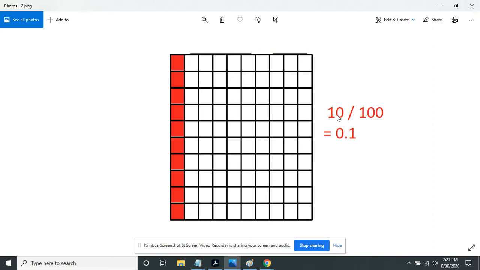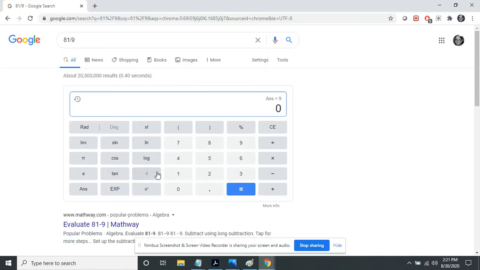So I shaded in 10 out of 100 squares, and that's equal to 0.1. We can check this using a calculator, right? If I put in 10 out of 100, I'm going to get the number 0.1.